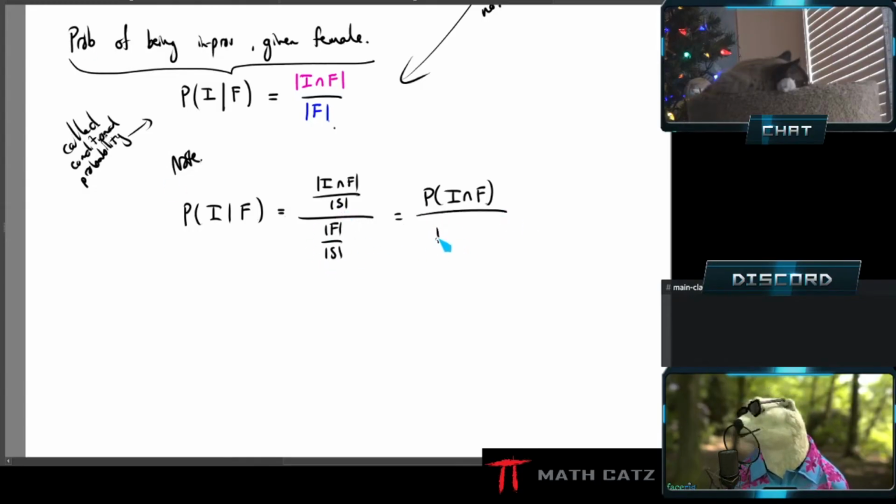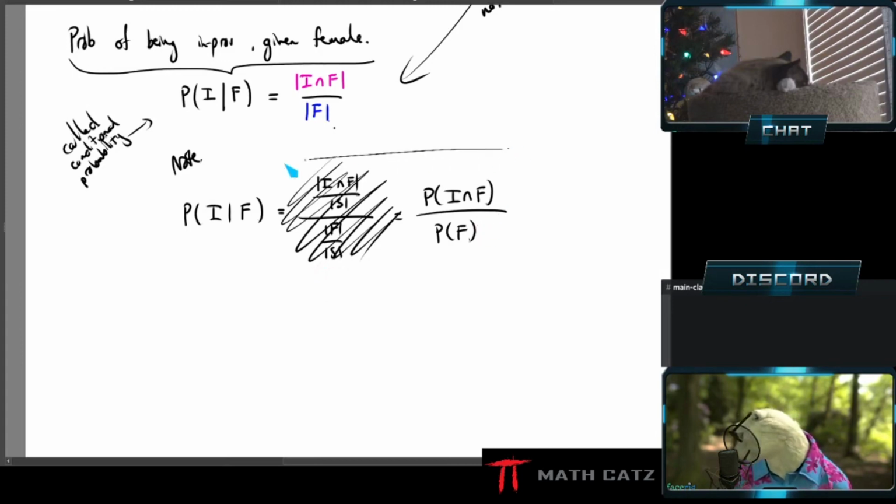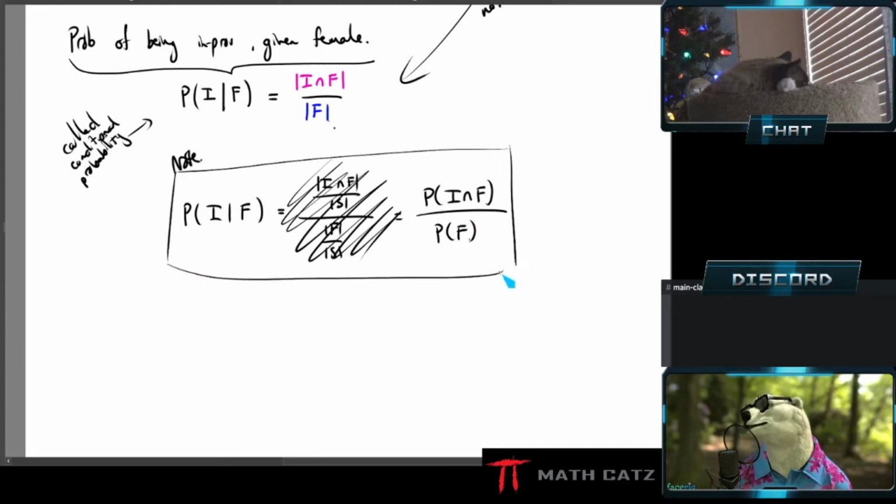And the bottom one is the probability of F, just relative to everyone. It's a normal or conventional probability. So now I don't really care about this. I do it once to explain why I get this. This is now going to be my formula to determine and calculate a conditional probability. I can rewrite it as two conventional probabilities.